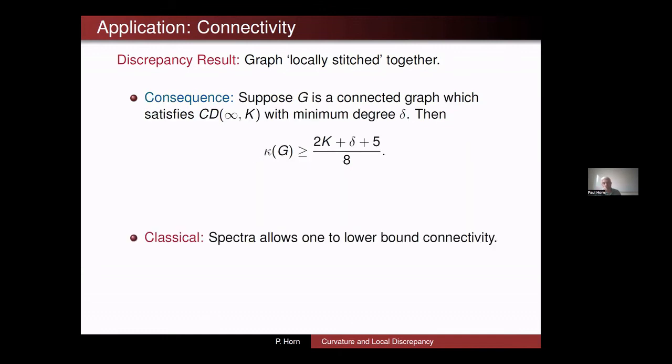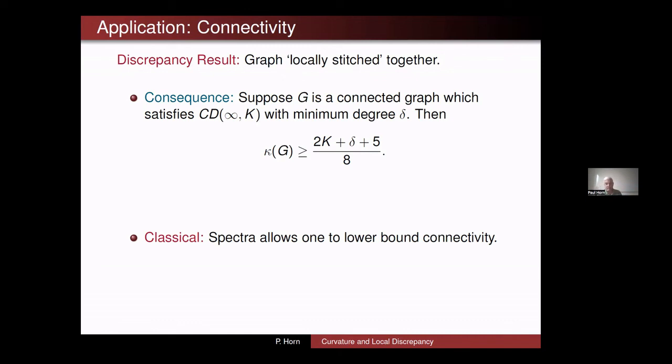Another nice consequence of this is that you get a connectivity bound for your graph based on this. Well, almost. It's a funny thing about curvature. Curvature is very, very local. And therefore, curvature can't actually tell whether your graph is connected or not. If you have a graph that has some positive curvature and non-negative curvature, and you take two disjoint copies of it, locally, all the neighborhoods look exactly the same as in one copy.